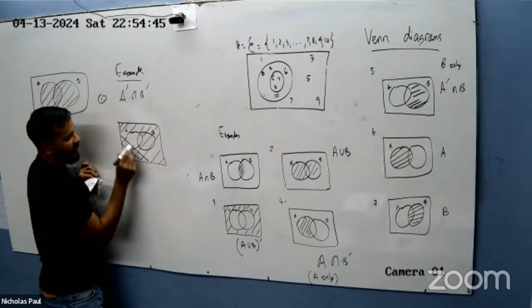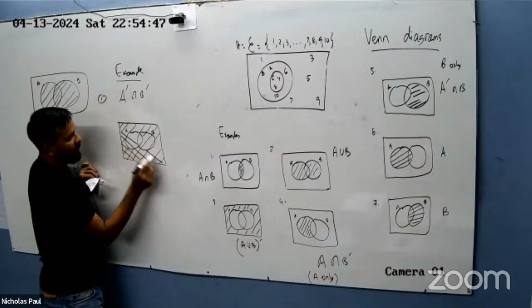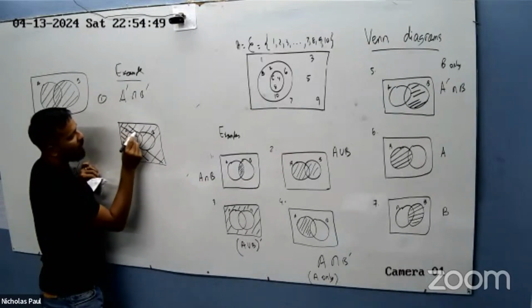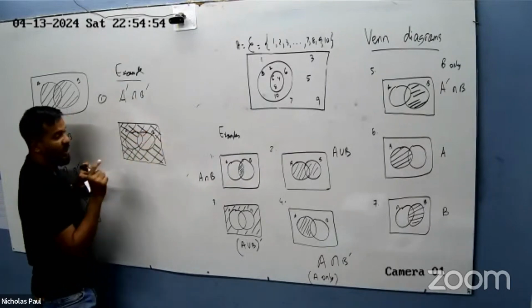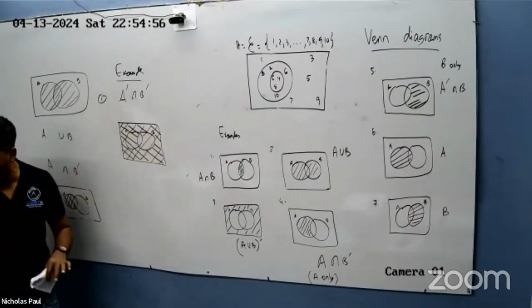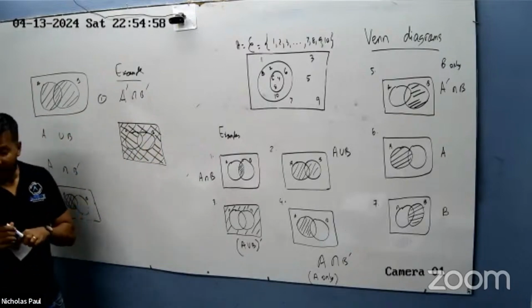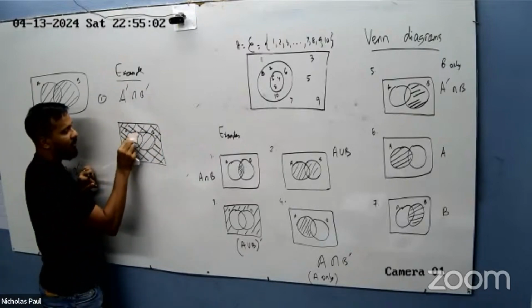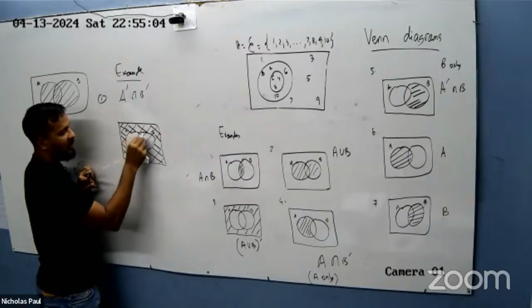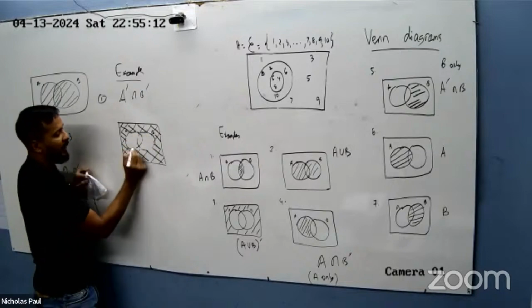Outside B. And then you're taking off where not crossed for the intersection, right? There's nothing crossed in here, nothing crossed in here. So it'll look something like this.